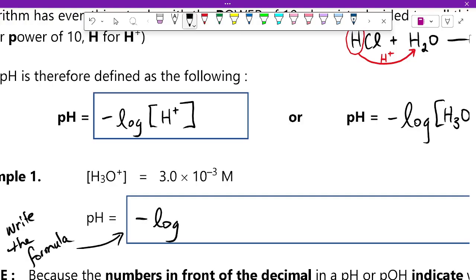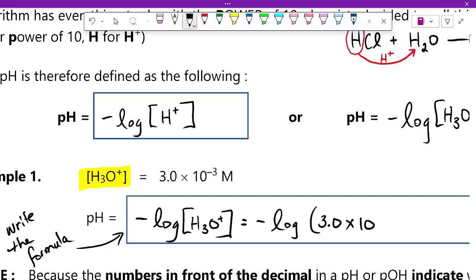And in this case, we have been given an H3O+ value. So let's use the H3O+ version of this formula. And then you're going to plug in your number. So negative log of 3.0 times 10 to negative 3. And we don't need a unit because pH has no unit.